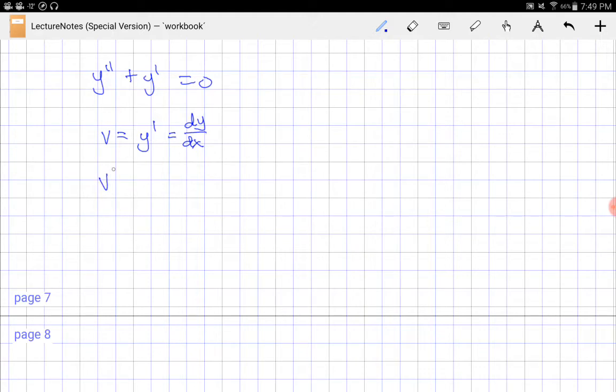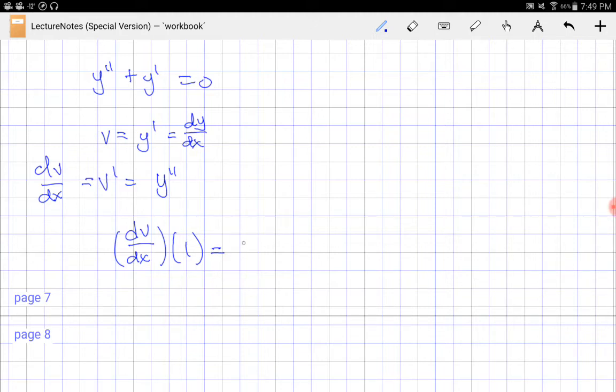So v prime equals y double prime. We also have to remember that v prime equals dv/dx. And this is important because we can multiply by 1 to produce the same expression without changing its value.